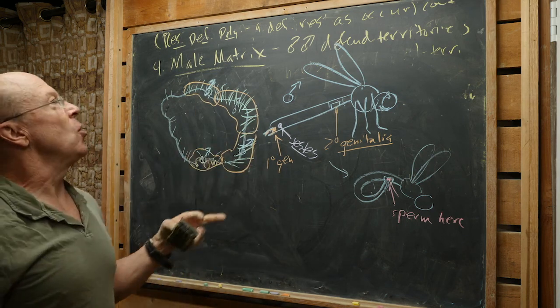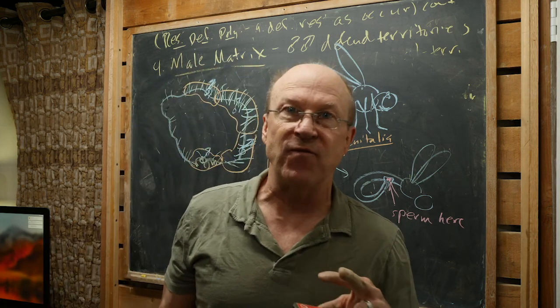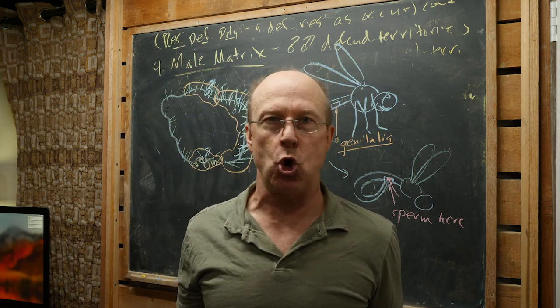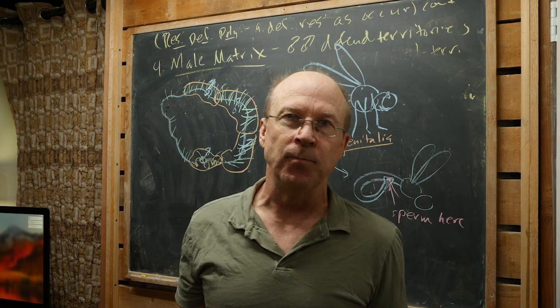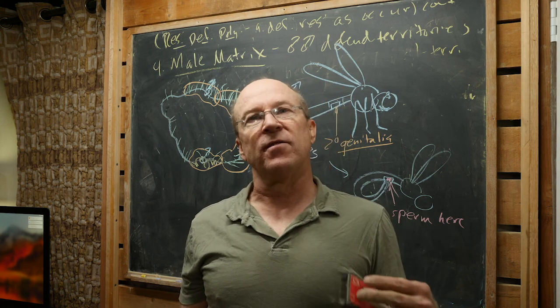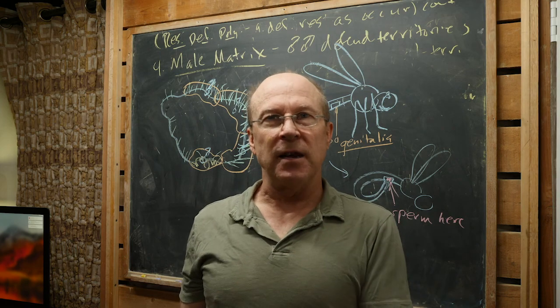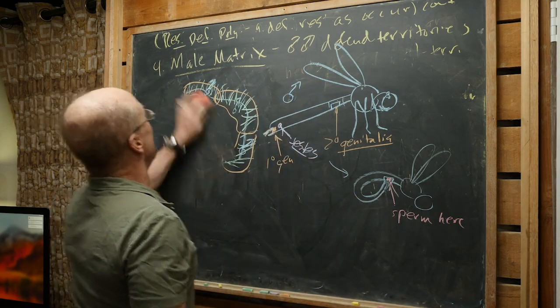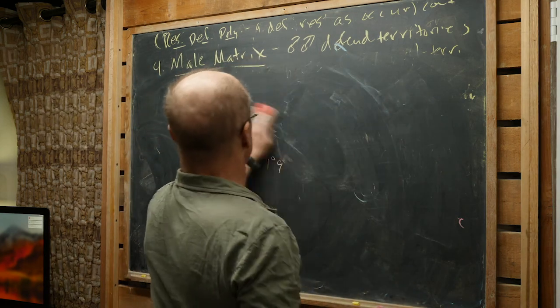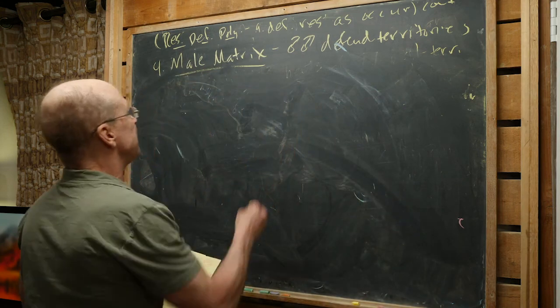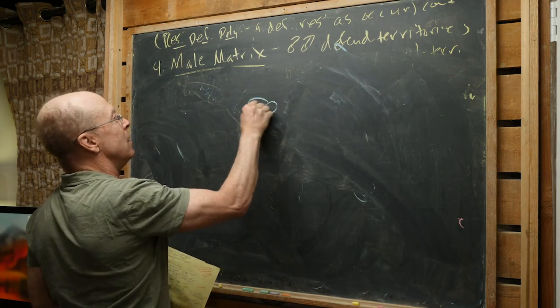Now the female, I guess the only difference with the official definition is that we don't have herds of female dragonflies. But we have female dragonflies that are patrolling the pond as well and flying into territories, and that's when it gets exciting. So males will basically capture a female.